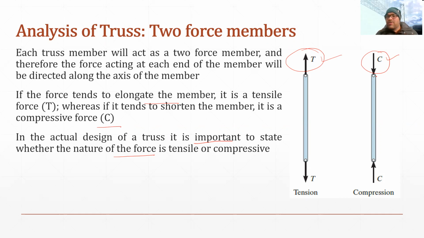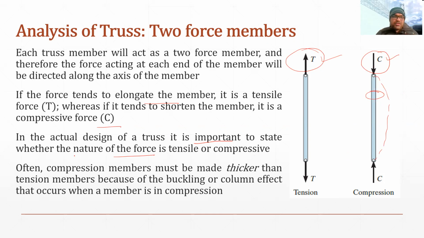Why? Because compression members may have another kind of deformation which is called buckling. Because of this deformation, they can buckle like this. So they may not utilize their full strength. That is why compression members are generally thicker. We make them thicker so that this buckling may not occur.